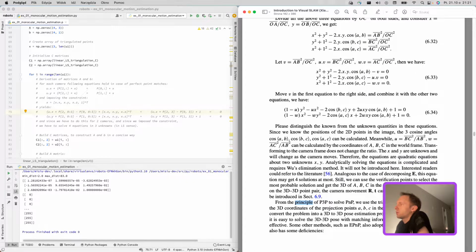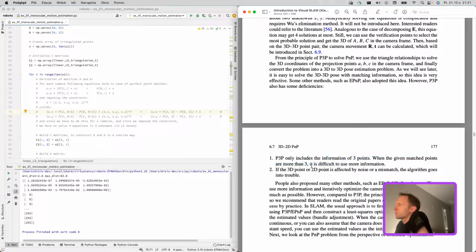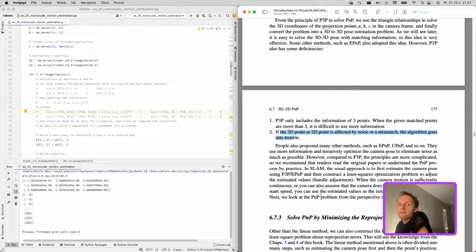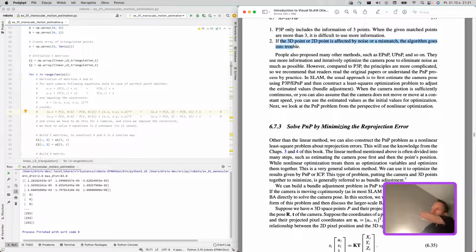Okie doke. In SLAM, the usual approach is to first estimate the camera pose and then construct least squares to optimize the estimated values.